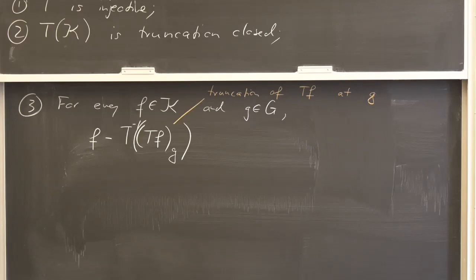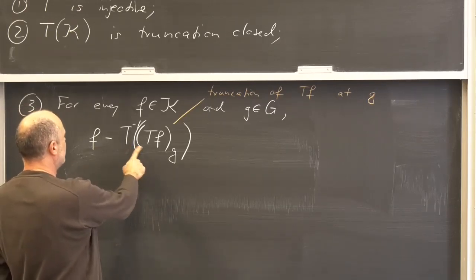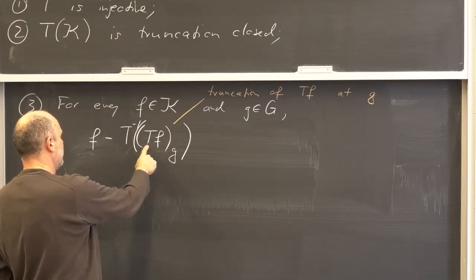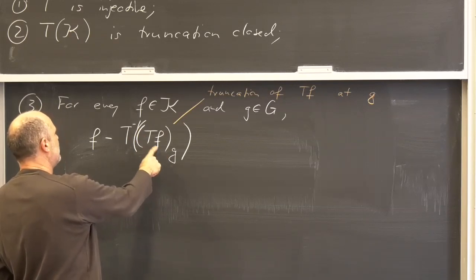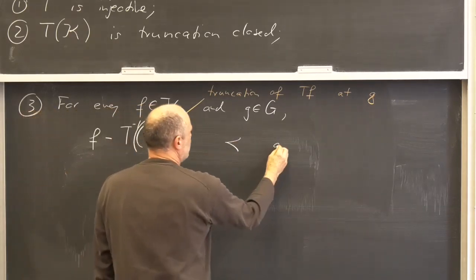You'll see I don't require that, but I'm not trying to recover H here. Anyway, if you subtract the germ associated to the truncation at G of the series TF, that's dominated by G.